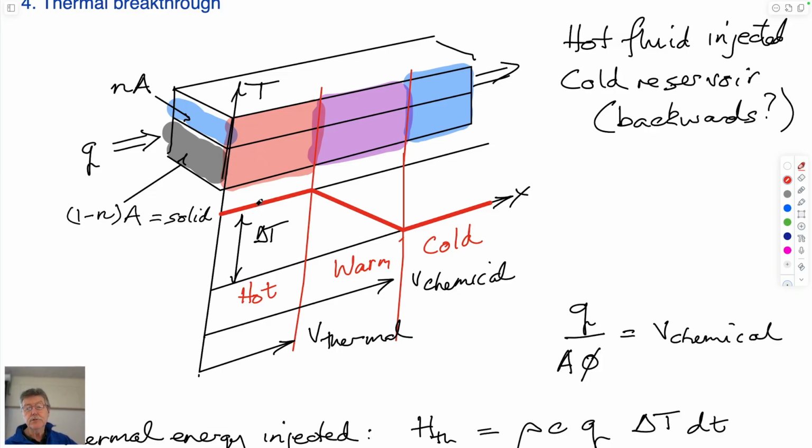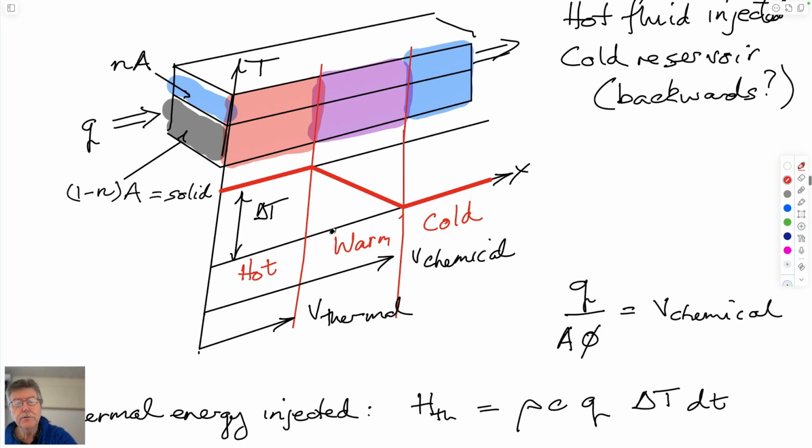So the temperature will rise, but slowly that zone in which it's depleted in coldness, if you like, will transfer towards the right. So we can look at two things. We can look at two fronts. The first front is the advective front.